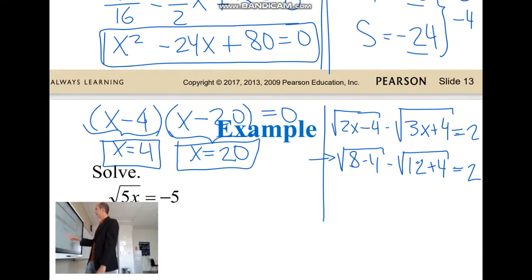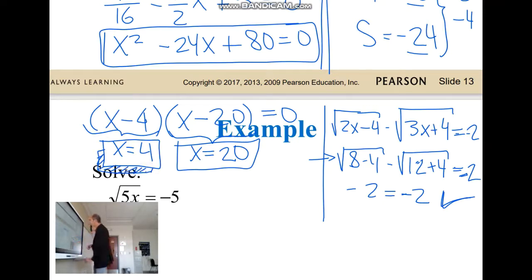So we get 2 minus 4, which is negative 2. Negative 2 equals negative 2, and this is true. That means this is a good solution.